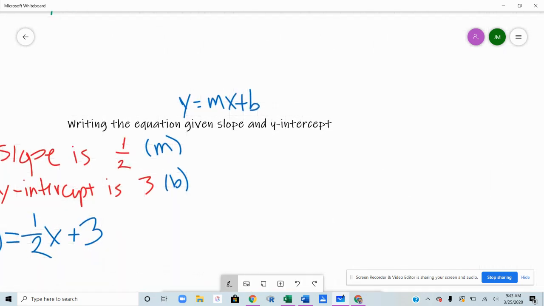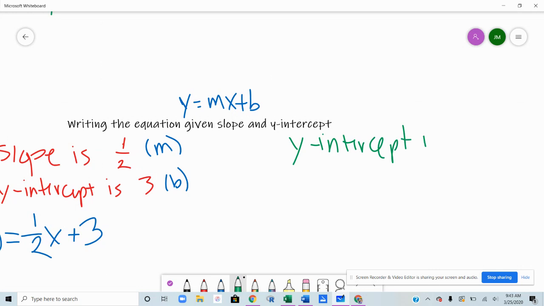Another example, let's say we have that the y-intercept is -2 and the slope is -4/5. Same as before, you want to make sure that you know exactly what you're plugging in where. All this time they kind of gave us the information in reverse order.